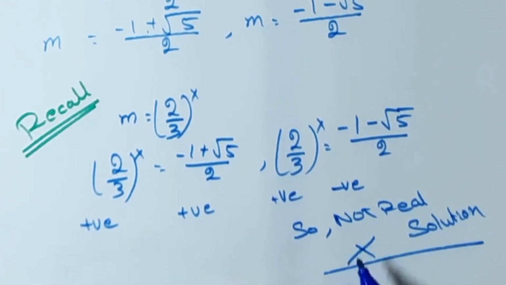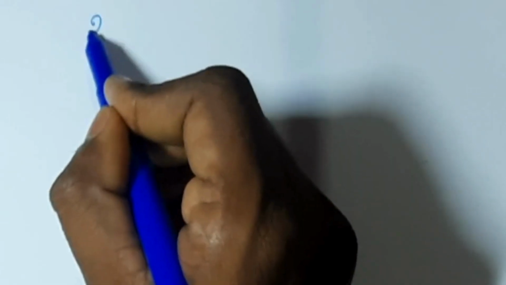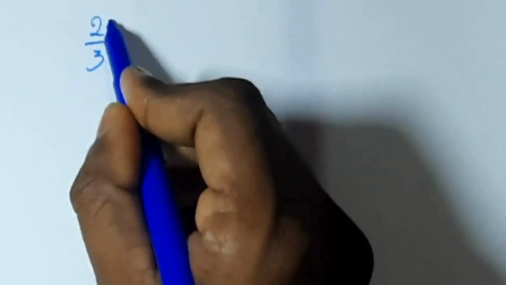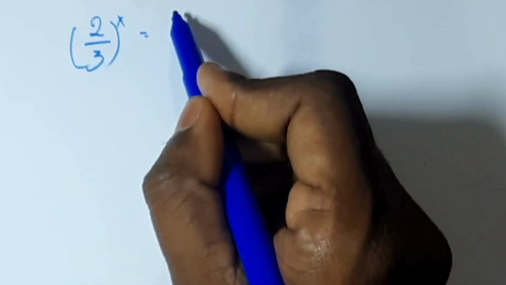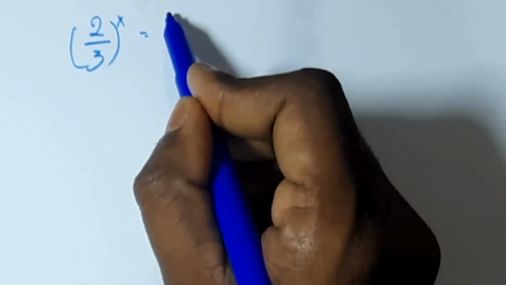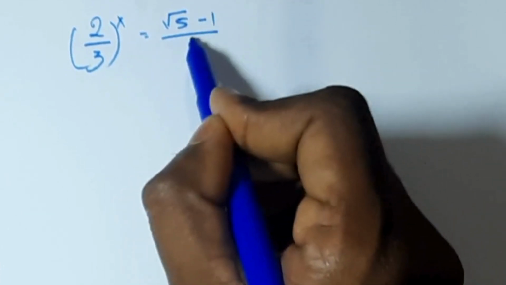So we are not going to take this m, we are going to take only this. 2 by 3 whole power x equal to minus 1 plus square root of 5, which can be written as root of 5 minus 1 by 2.